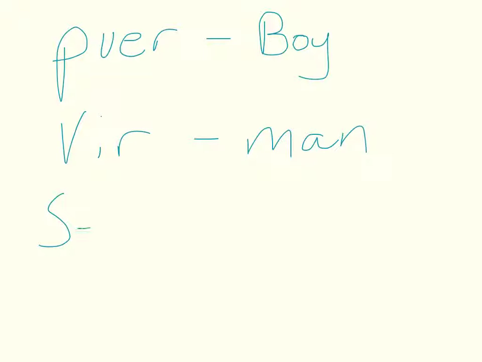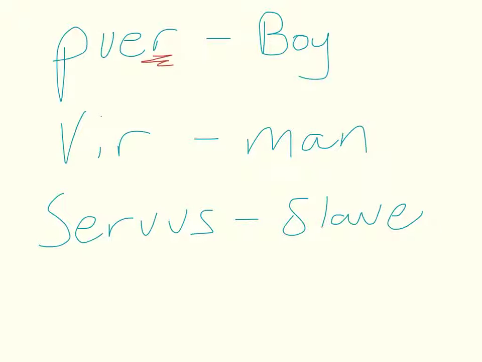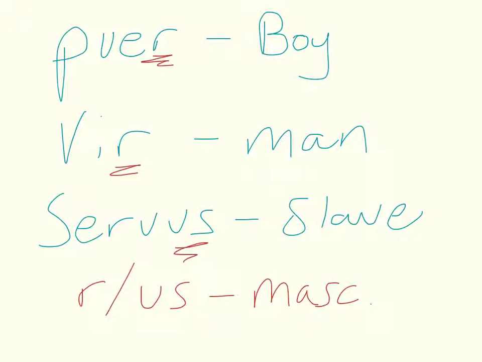We're going to see servus, which means slave. And if you're looking for a pattern here, it's more difficult to find. But generally, the masculine nouns end with an R or a US. So an R or a US indicates that they're masculine. That's what they all have in common.